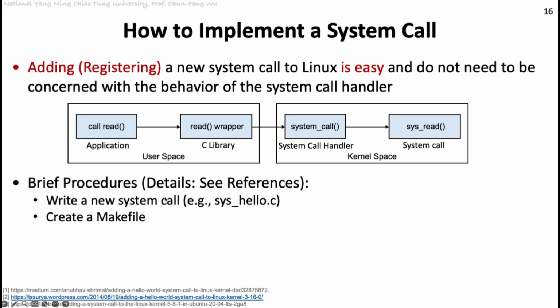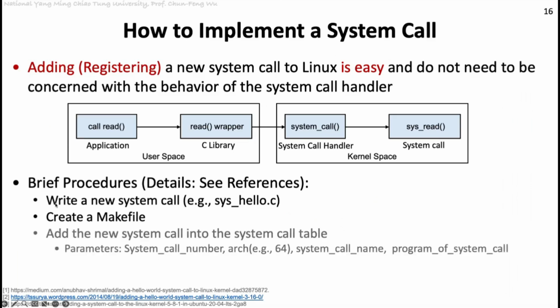But if you are going to write a more complex one, like writing data to some file or device, then the system call handler becomes a little more complex. After writing it, you need to create a Makefile, and then add something into the system call table, because you need to do the registration to let Linux know you are adding a new system call.